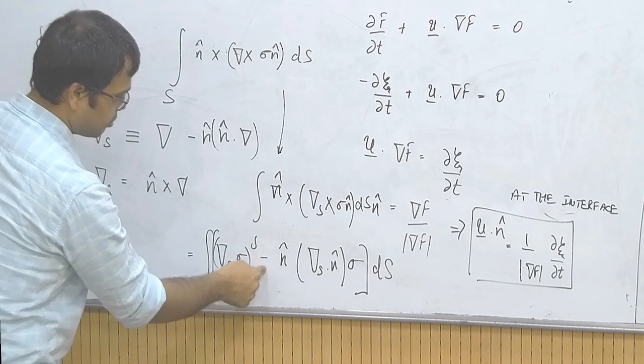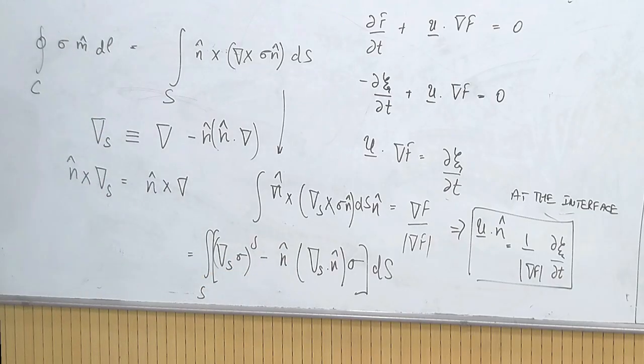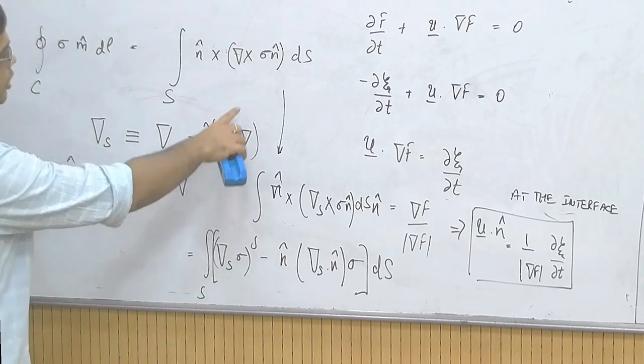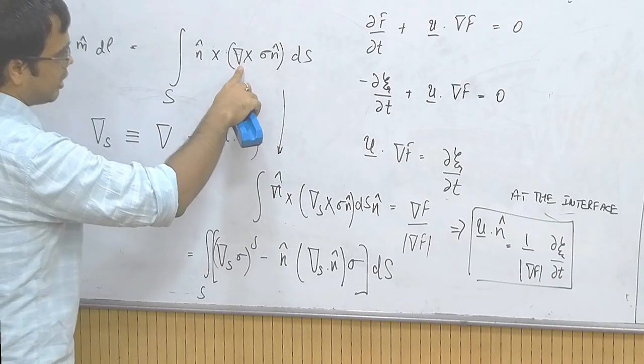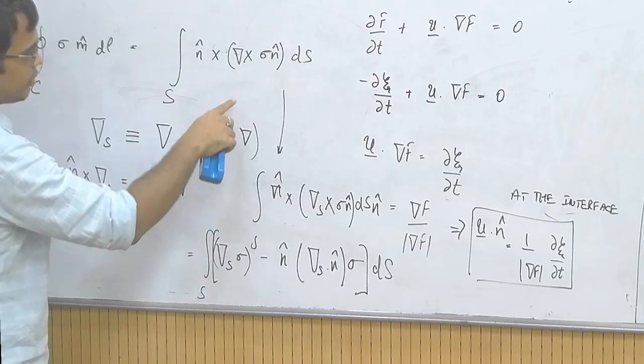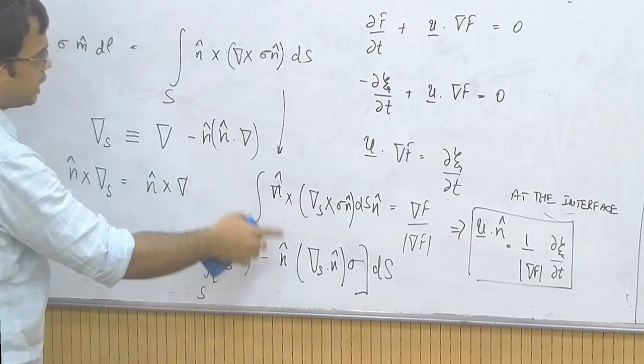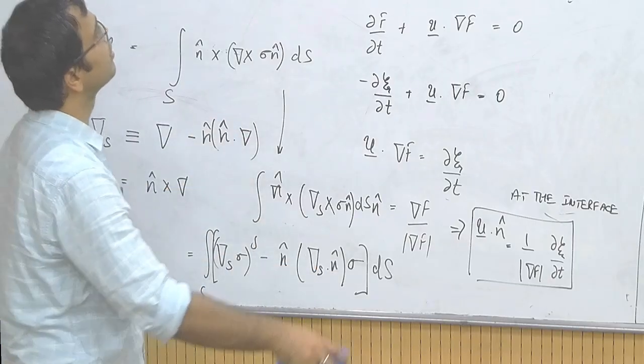Okay, this you can show very easily. If you don't want to replace nabla with nabla s, it's perfectly fine. You can define this whole quantity in terms of nabla. It will be okay.